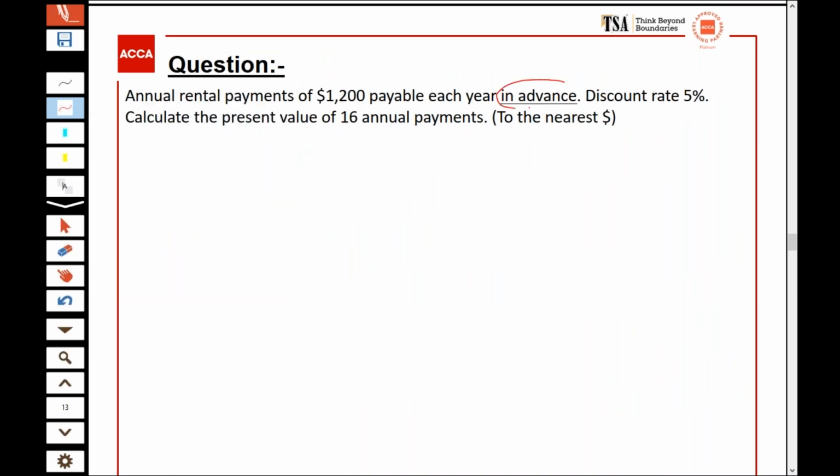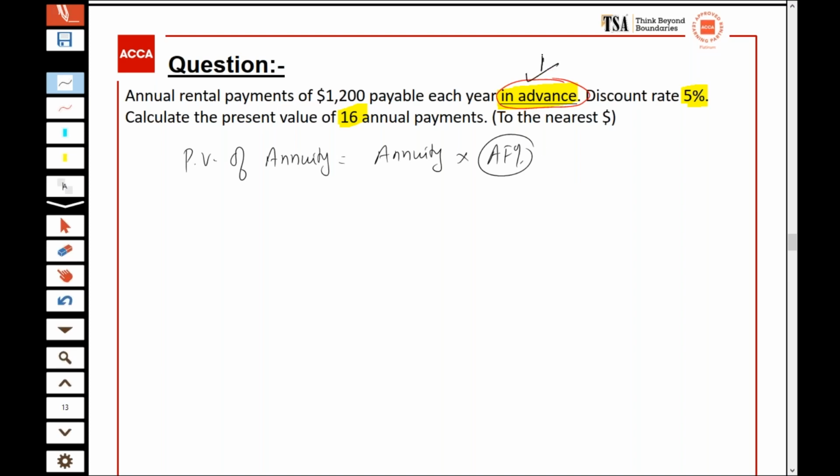Okay, next. The question is something different. The question is saying in advance. Annual rental payment is 12,000 payable each year in advance, 5%, 16 annual payments. Present value of annuity is equal to annuity multiplied by annuity factor.